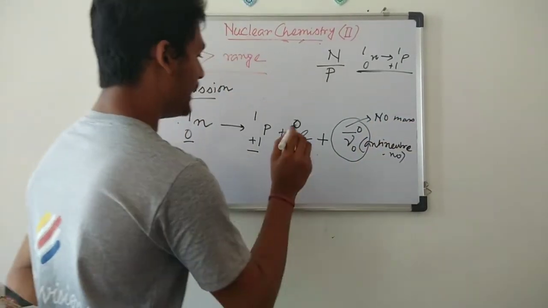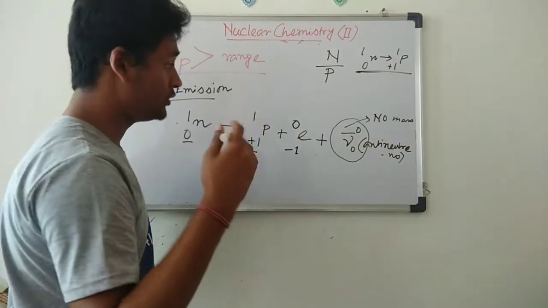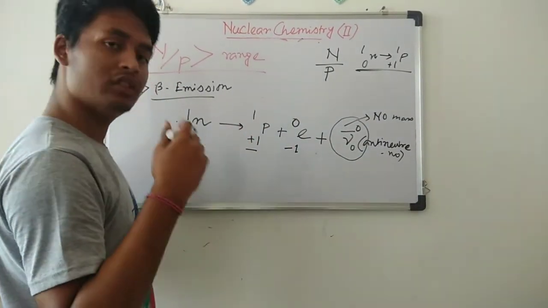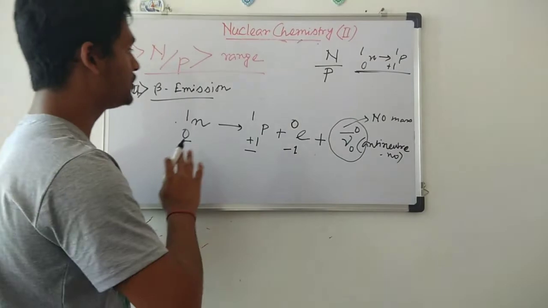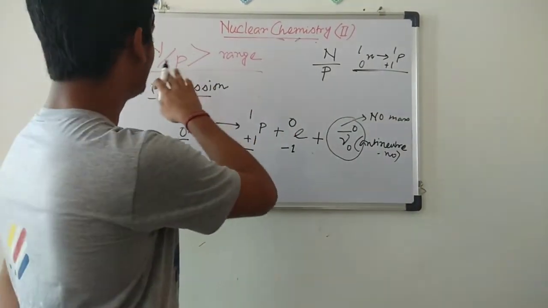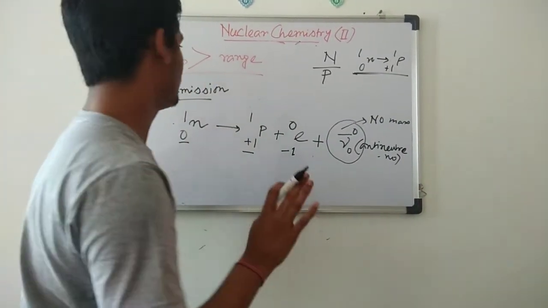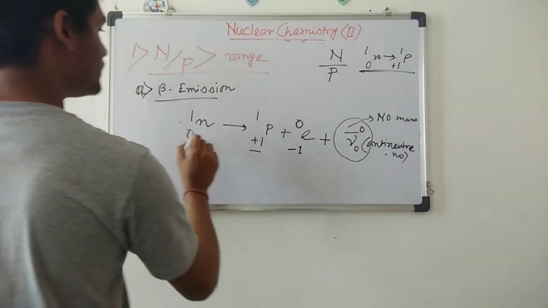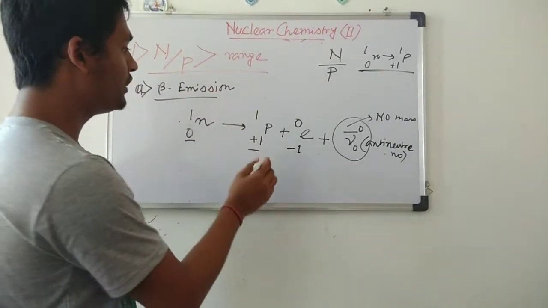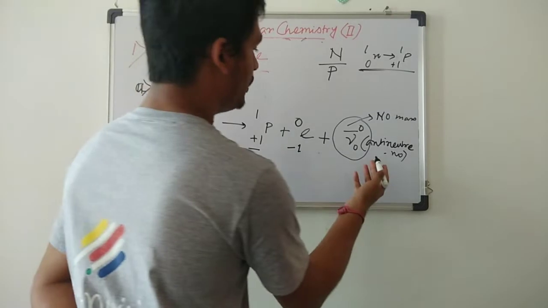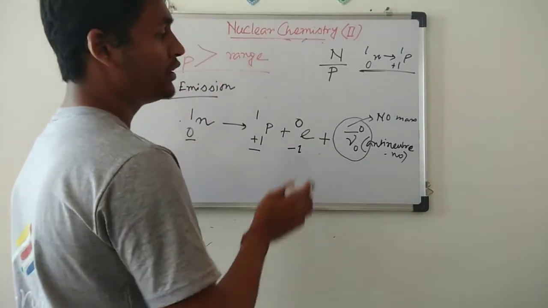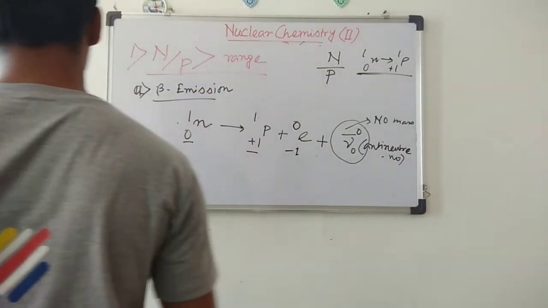But it comes in to equalize the energy and the nuclear spins. We will discuss this after all the possibilities of emission are over. So this is one neutron converting into one proton, and along with that proton, one anti-neutrino particle comes out. That is the thing.